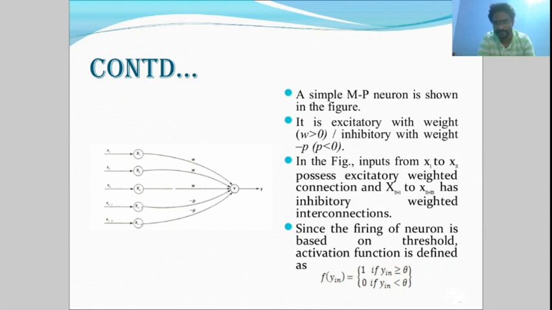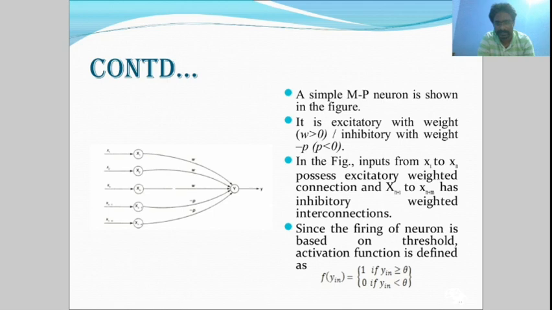The activation function is a function of y_in: it returns 1 if y_in is greater than or equal to theta, and it returns 0 if y_in is less than theta.